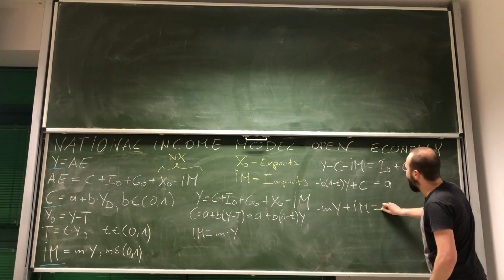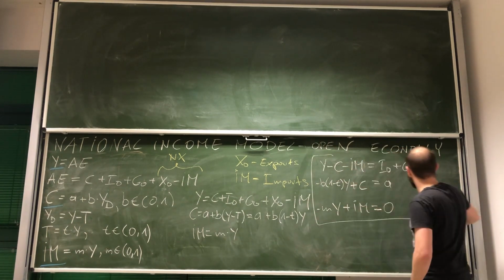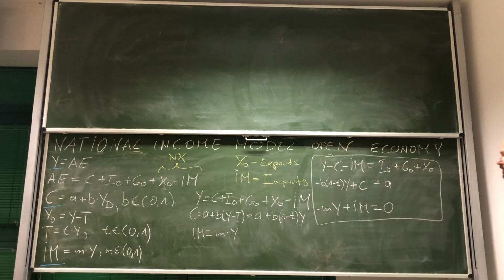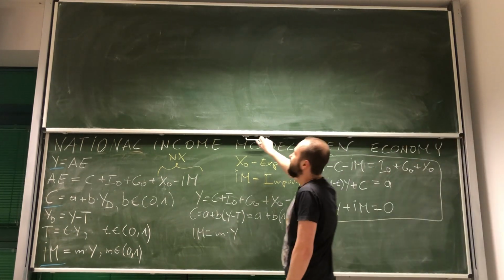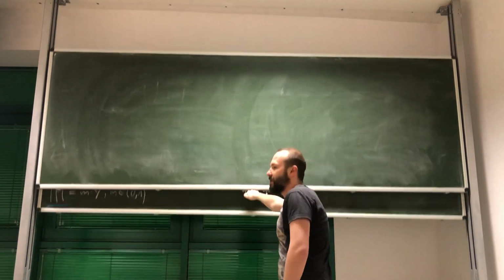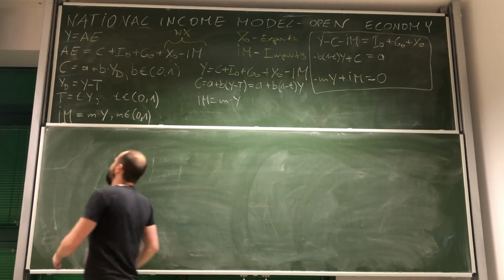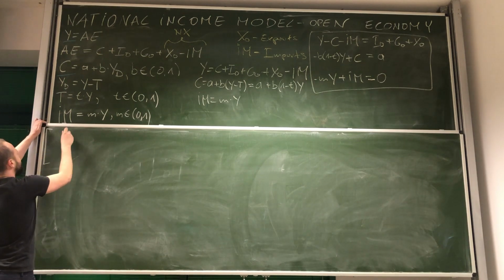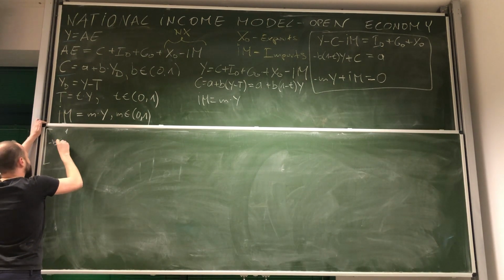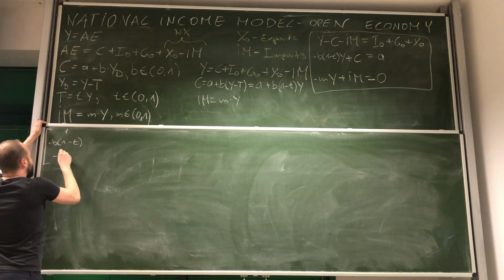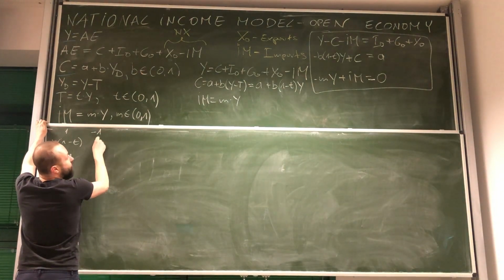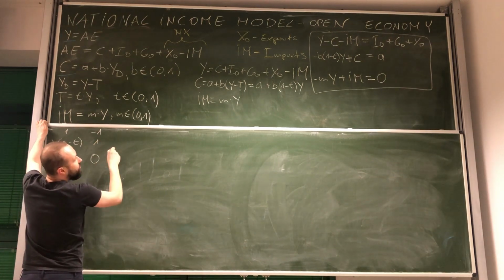And having this system of three simultaneous equations with three unknowns, we are able to start calculations, and we're going to start as usual by putting everything into matrix notation. So we've got 1, negative b times (1 minus t), negative m, negative 1, 1, 0.